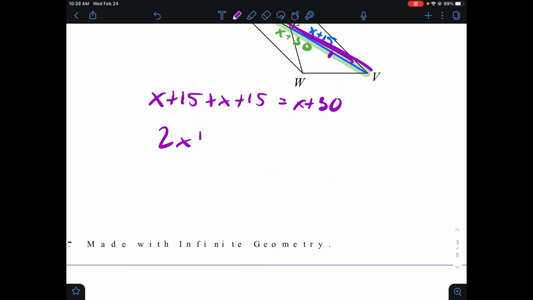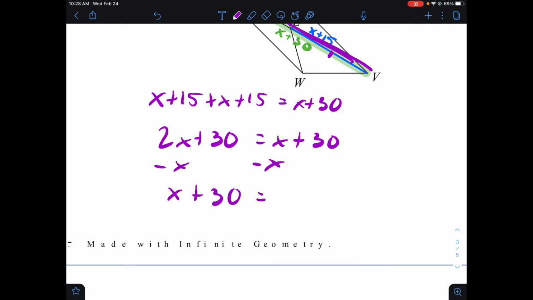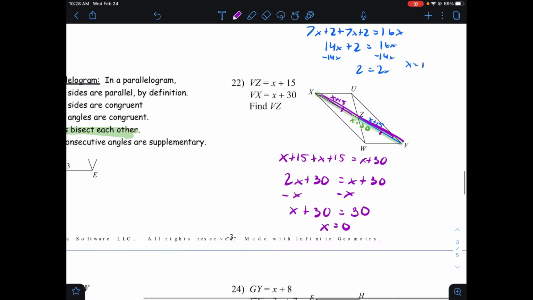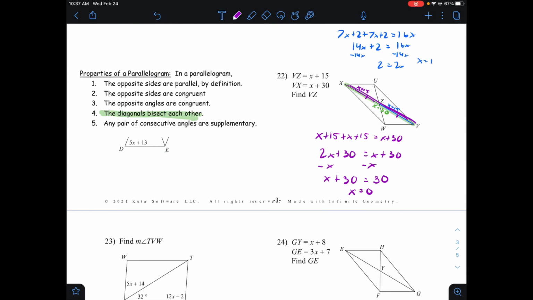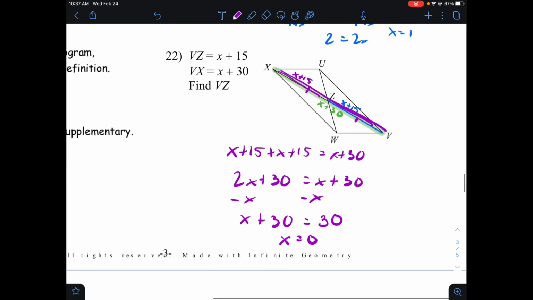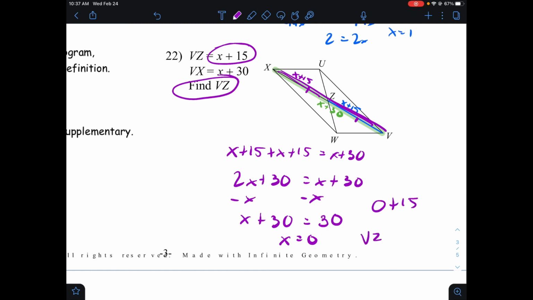Then we combine like terms, and I get x equals 0. They ask me for VZ. If I look, VZ is x plus 15. If x is 0, it's 0 plus 15. I have that VZ is equal to 15.